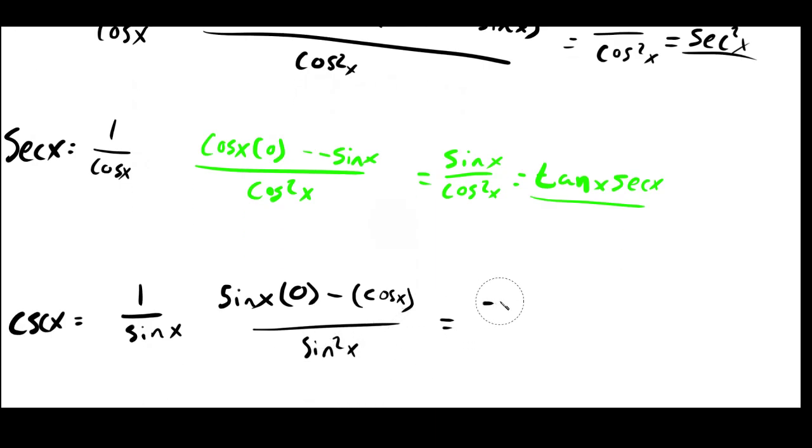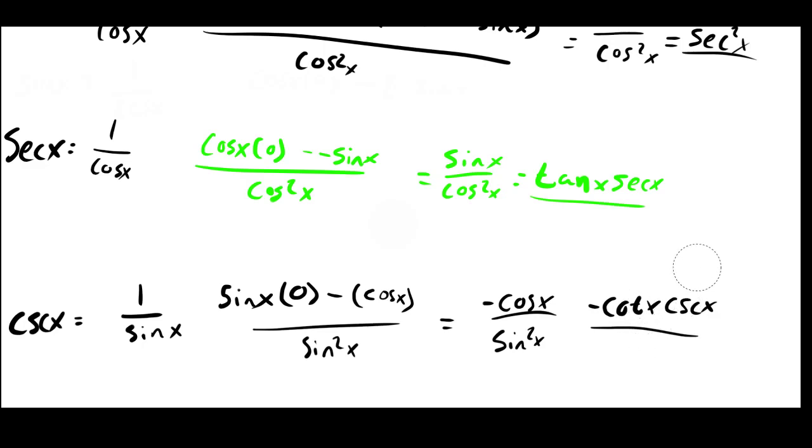So this is negative cosine x over sine squared x. Negative cosine over sine is cotangent. So we have negative cotangent x, and then we're left with a 1 over sine x, cosecant x. And that's the derivative of cosecant x.